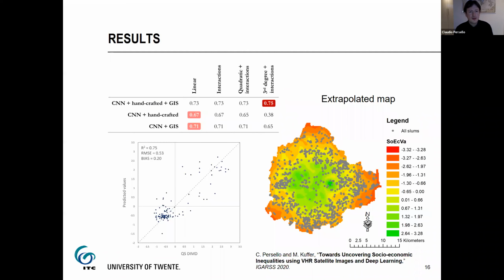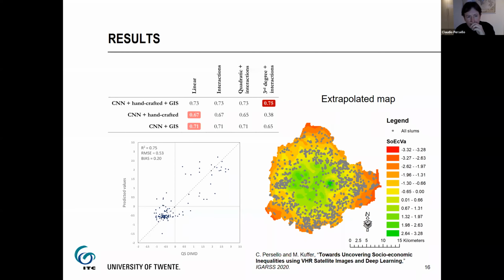So these are some of the results of the analysis. We conducted a 10-fold cross-validation. What you see in this table are the results of the coefficient of determination, R-squared, for different regression models using different sets of features.